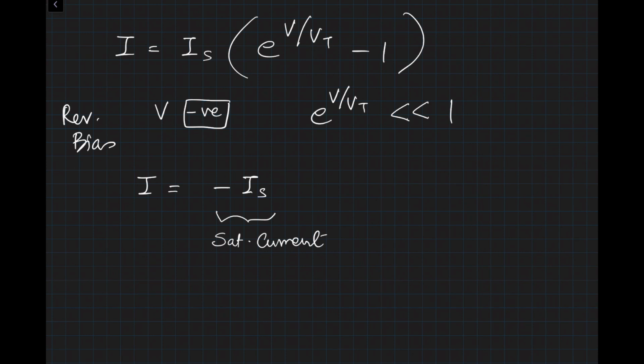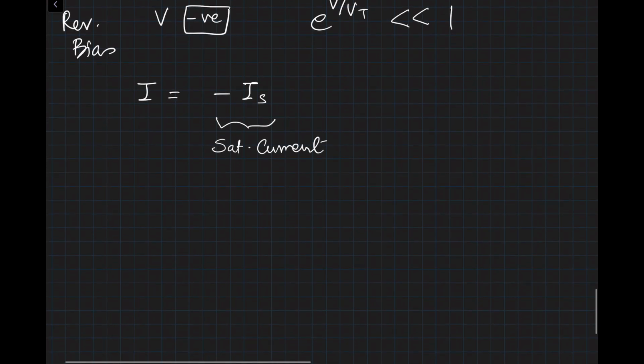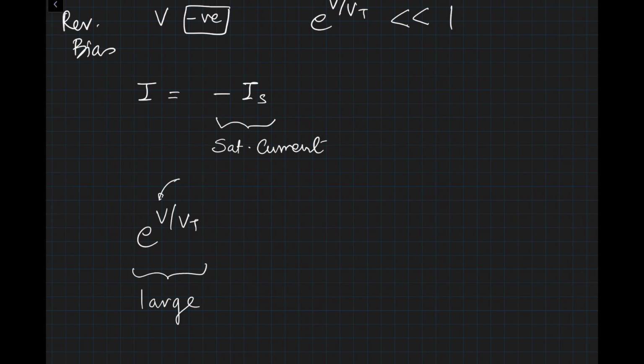So this makes sense. Under forward bias condition, if V is larger than Vt, then exponential V divided by Vt is very large compared to 1. So we can simplify: the diode current is equal to Is exponential V divided by Vt.